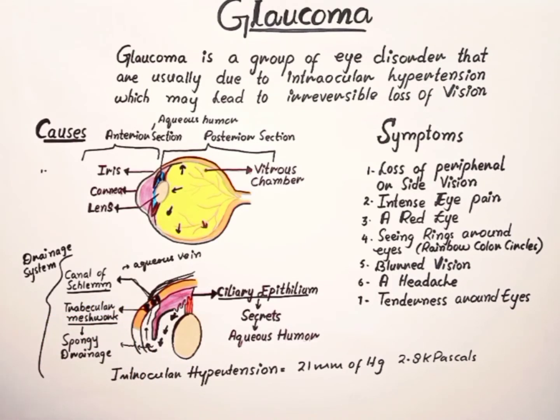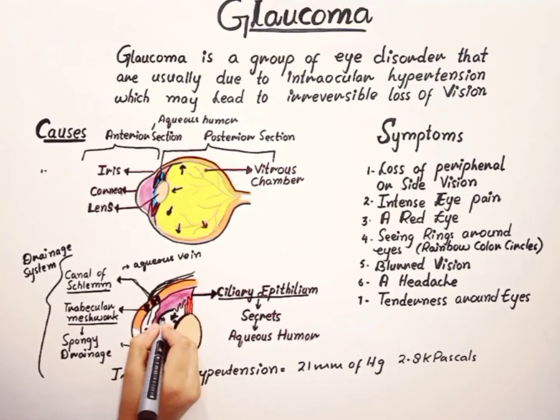In glaucoma, part of the aqueous humor drainage system becomes partially or completely blocked, so that the fluid cannot easily drain out, and this causes the pressure within the fixed space to rise. You can see here, this is the narrow space. This posterior portion contains a narrow space.